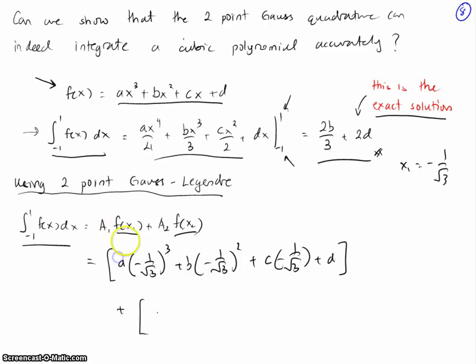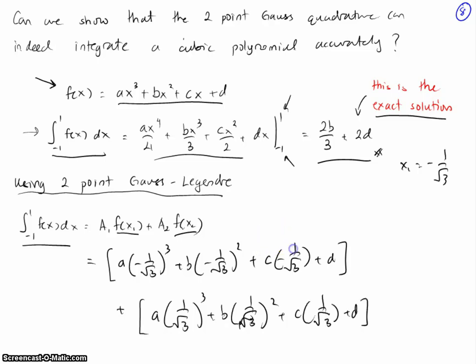And then you have f at x2, where you have 1 over square root 3. So again, you have a cubed plus b. So you have a positive term right now. And then you have c, and finally you have your d. So because of the negative sign and positive sign, and because these are powers of odd numbers, these two will eventually cancel off.